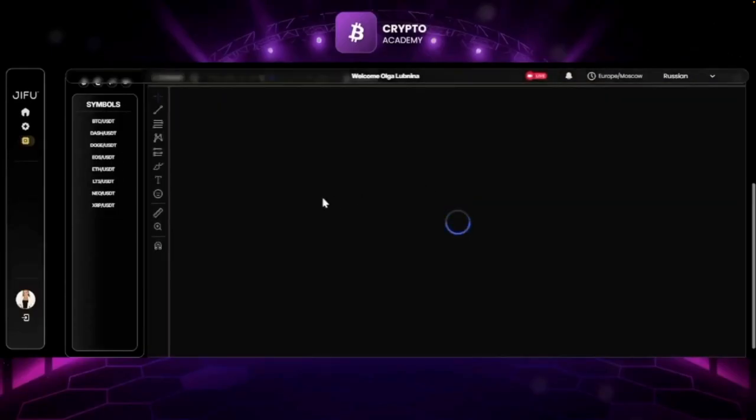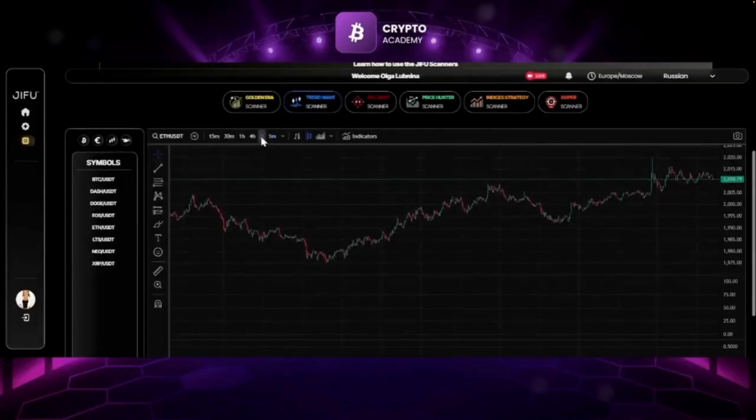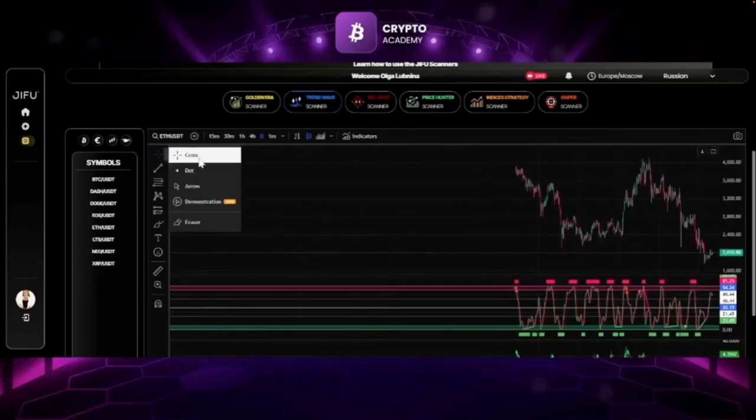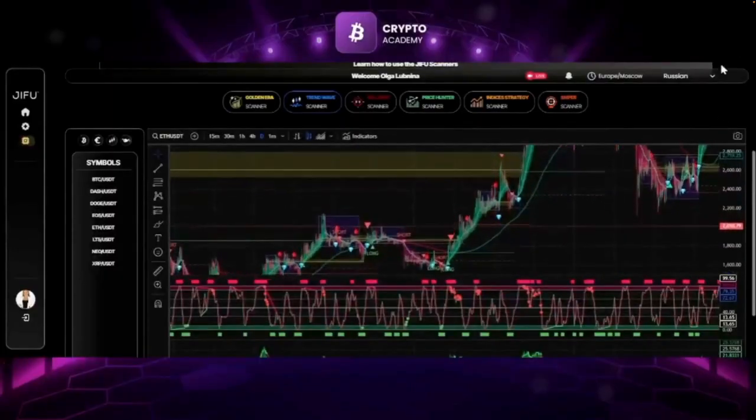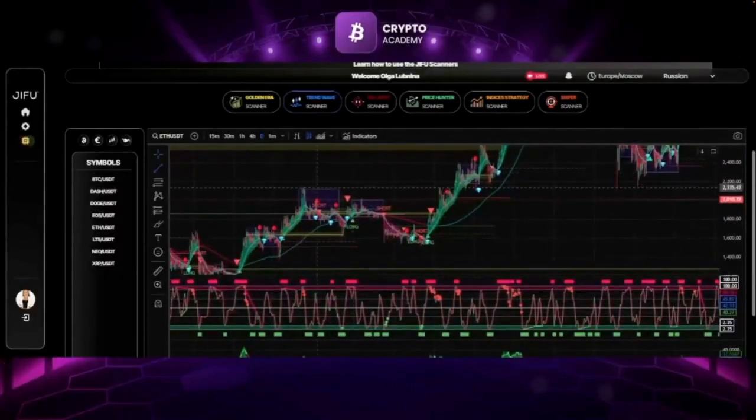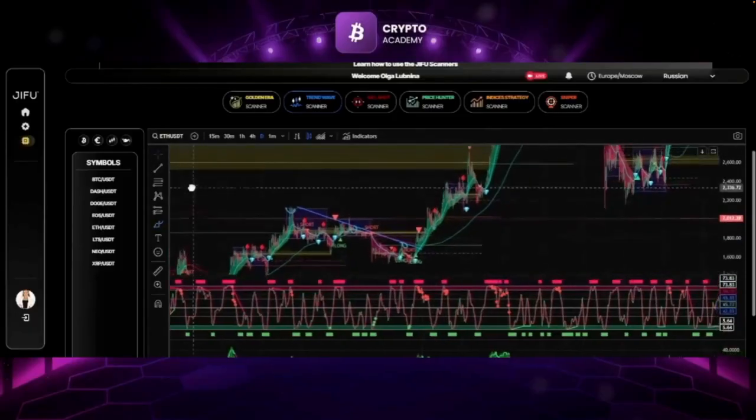Example on Ethereum. The trend, long, pullback to oversold zone, and our entry point, and our result.